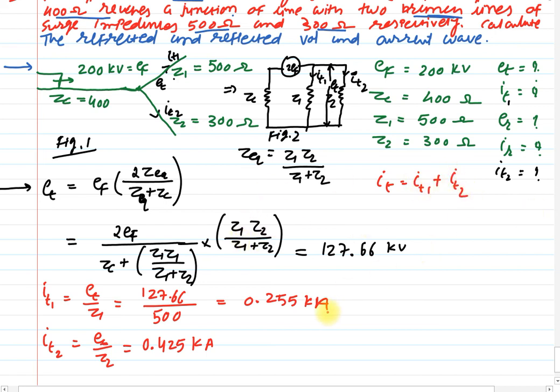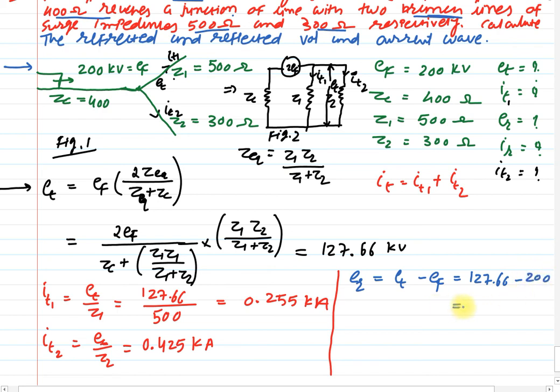Clear? Next, you have to calculate the magnitude of the reflected voltage and current wave. So ER is equal to ET minus EF, which is equal to 127.66 minus 200.